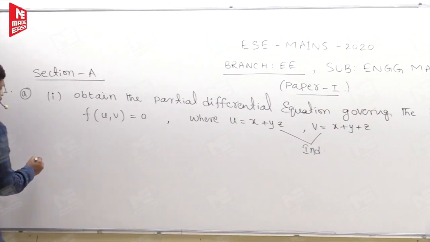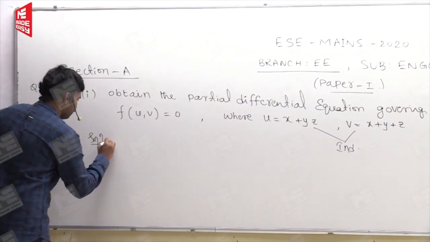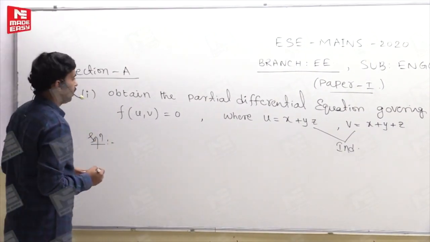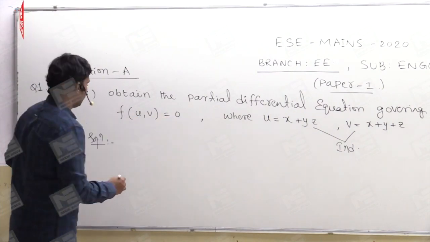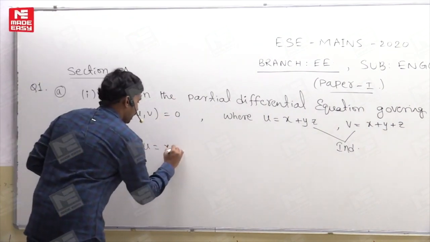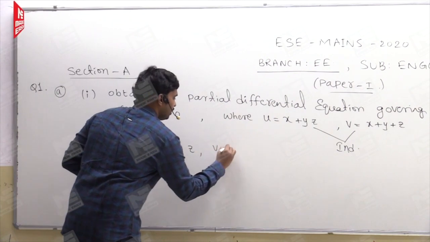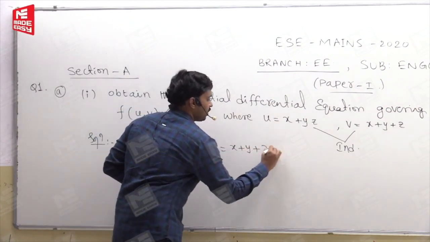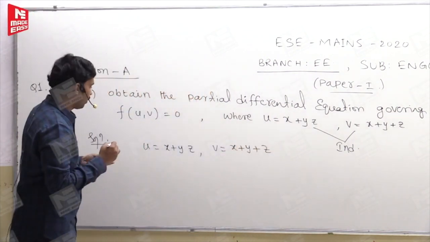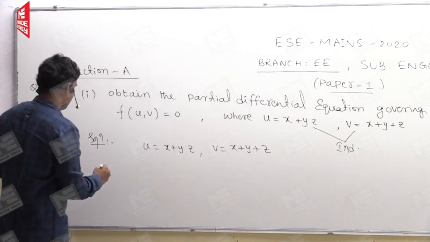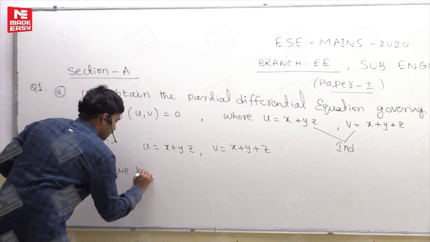The solution f(u, v) is given, where u = x + yz and v = x + y + z.